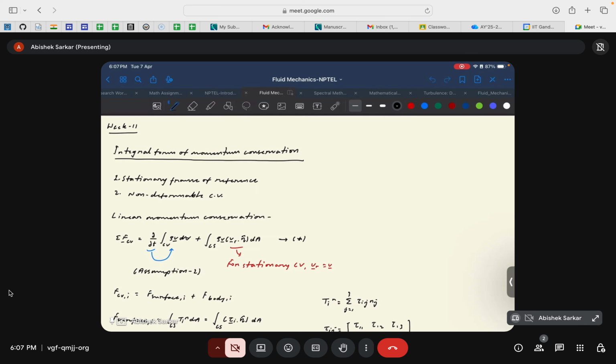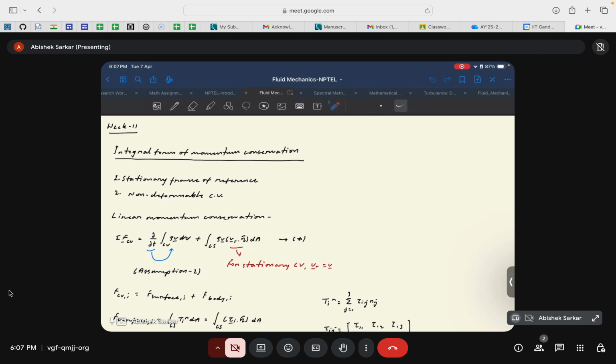As I mentioned, we discussed the integral form of the momentum conservation. If you remember, we obtained the governing equations using the Reynolds transport theorem. We'll carry forward that same understanding, but we'll try to obtain the momentum conservation equation.